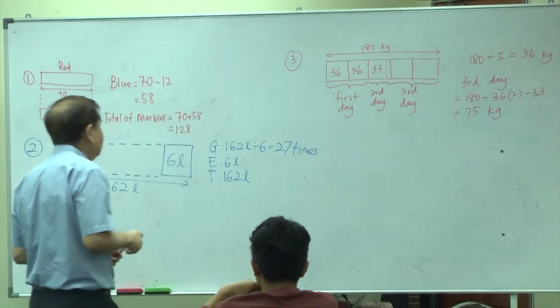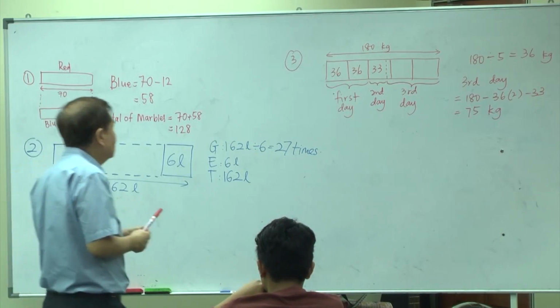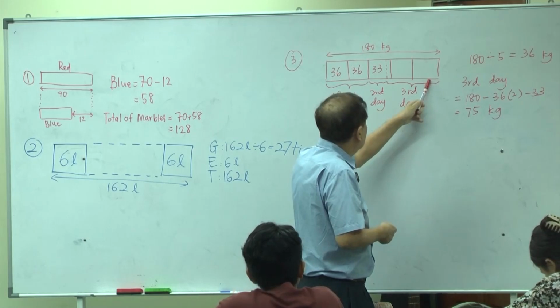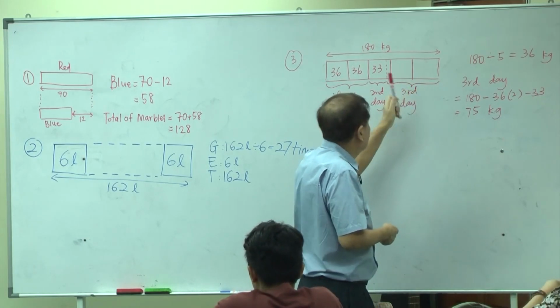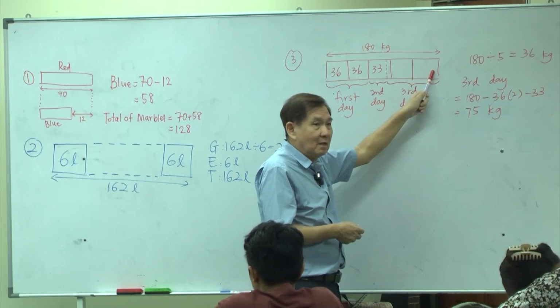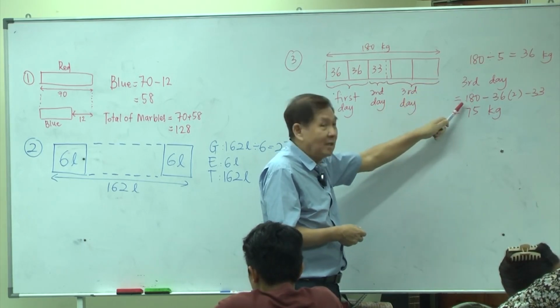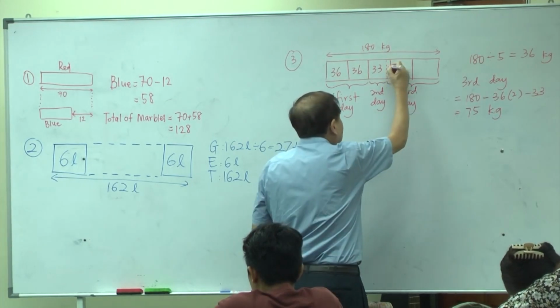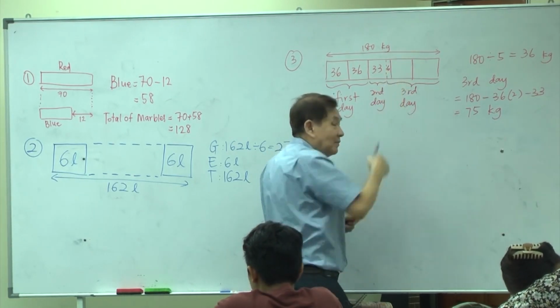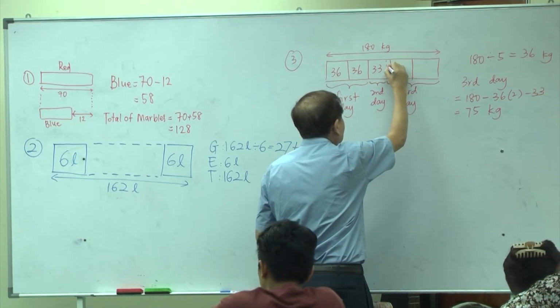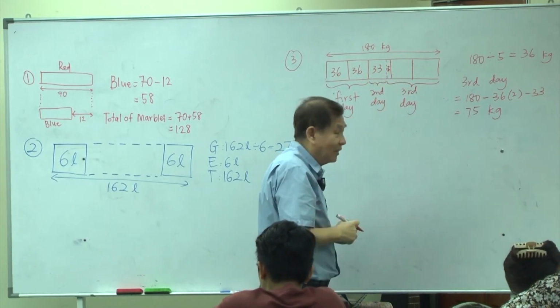Okay, so on the third day, you try to do it this way, and you say, hey, I know these 2 parts to be what? 36, 36. Since I know this is a little 3 here, I can make it 36, am I right?